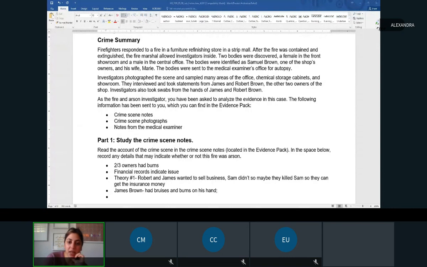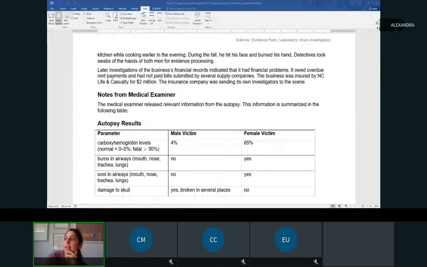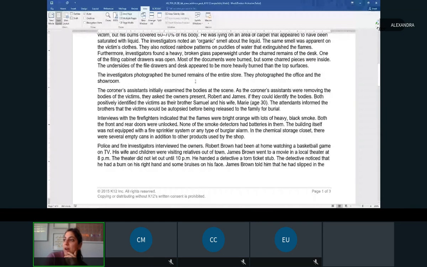So remember that when we're looking at the notes, where is it? Hold on. Where did it go? That's not what I wanted. Here. So when we're looking at this, remember it said that James Brown went to a movie and he handed a detective a torn ticket stub.